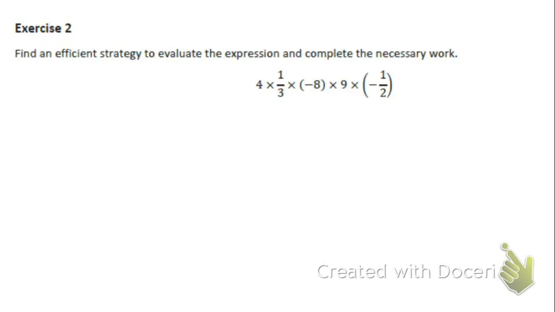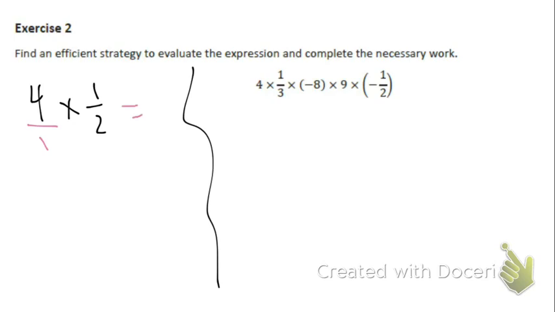So this one's a little bit different in the fact it has some fractions. Before we talk about this problem, I'm going to give you guys a reminder. If I'm doing 4 times half, what you could do is turn both into fractions, multiply top times top, denominator times denominator, and simplify and get 4 divided by 2 is just 2, right?